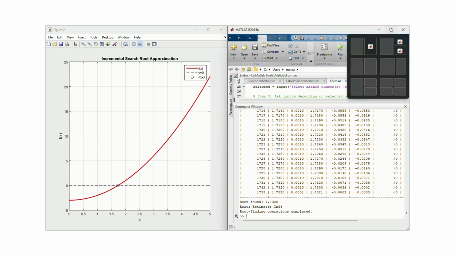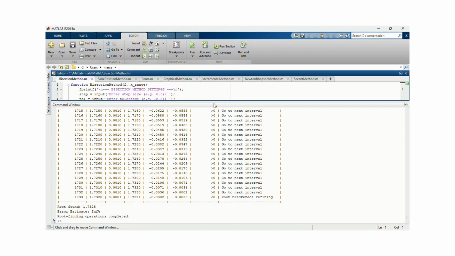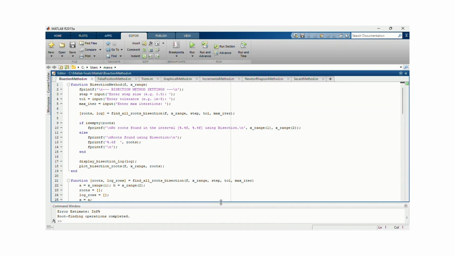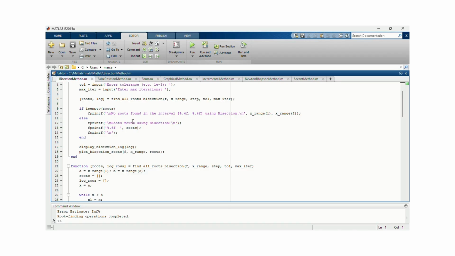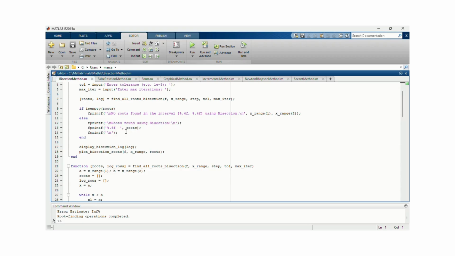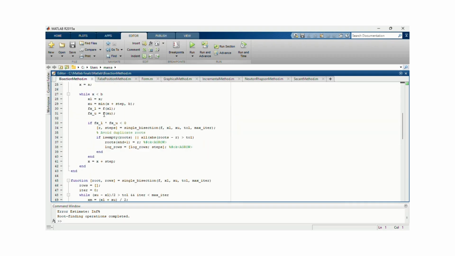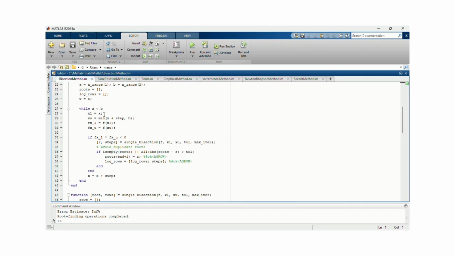Next is the bisection method. The bisection method is where we input the max iteration, which we included for this method, and here is the formula that will be used.